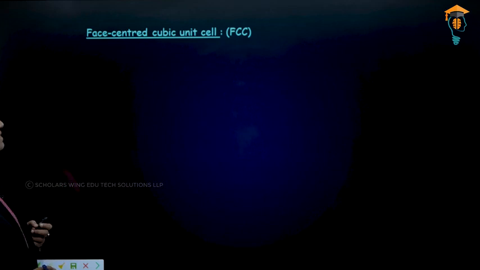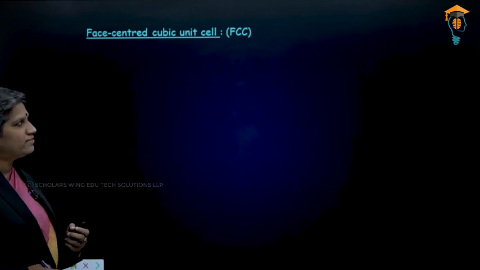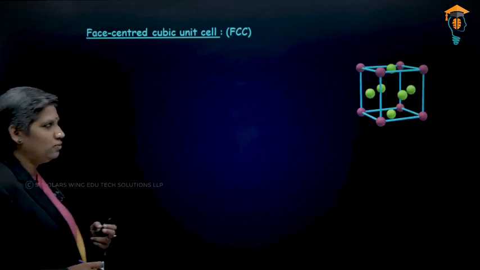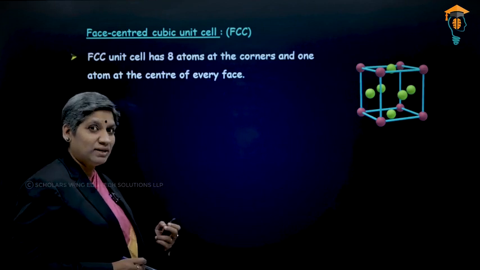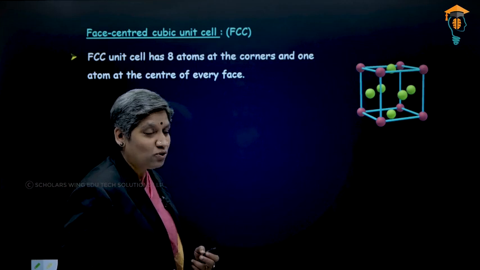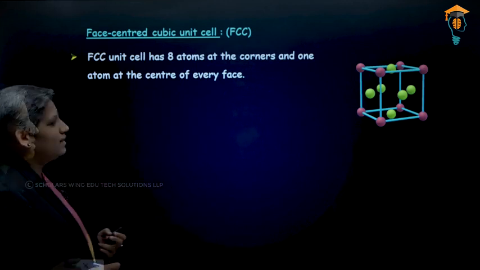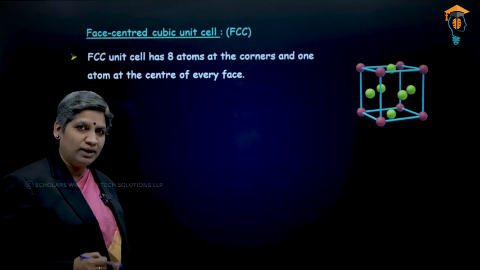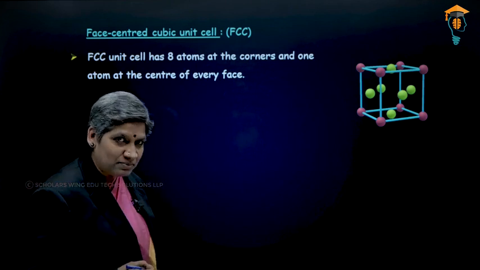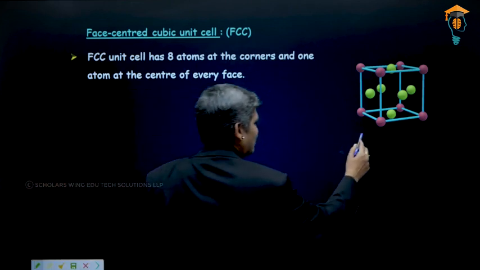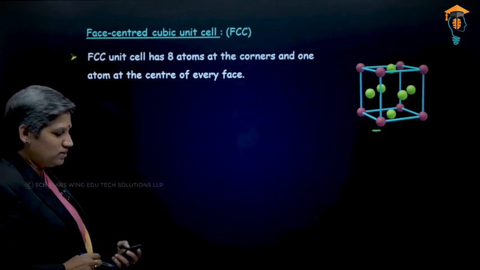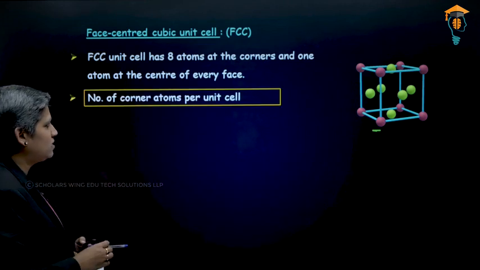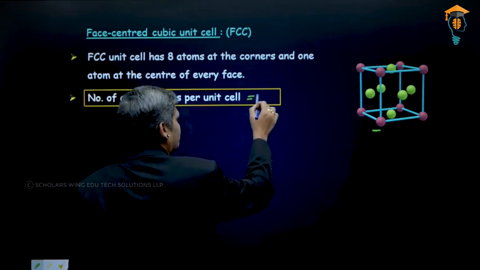Let's take up face-centered cubic unit cell, in short FCC, and that is a structure you know. Here we have particles both at the corners as well as at the centers of all the faces, right? Therefore, here we need to calculate the number of atoms present at the corner positions as well as at the face centers. Just now we saw the number of corner atoms per unit cell is 1, isn't it?